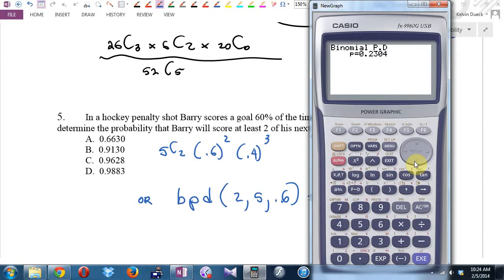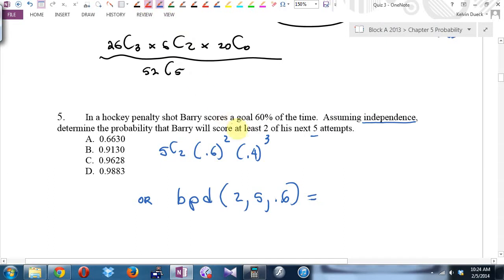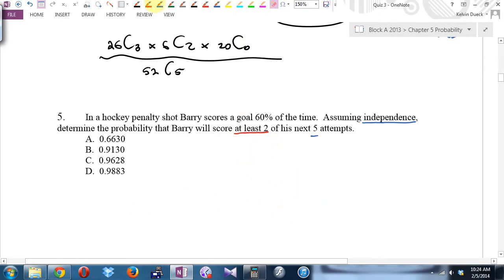Whoa. Oh, it says at least, Mr. Dueck. The third word, Mr. Dueck, you should have underlined is that. Mr. Dueck made a mistake, and he didn't do it on purpose. He was just being careless, which means actually you can't use that method. And really what I need to do, at least 2, that means... Unfortunately, my calculator won't do that directly.